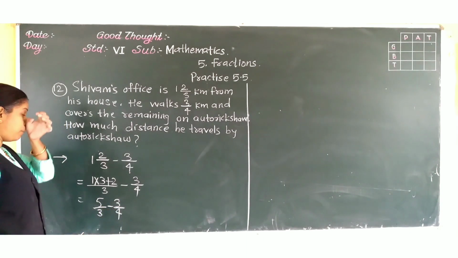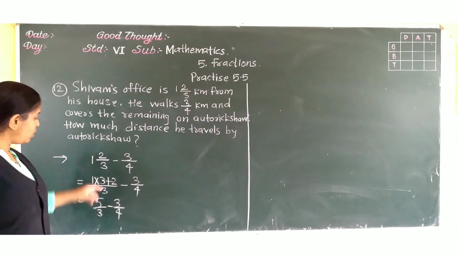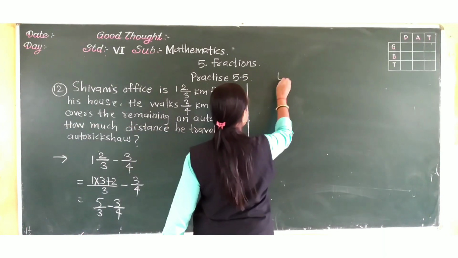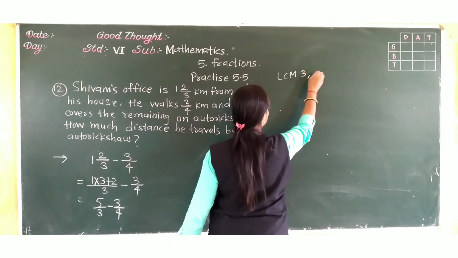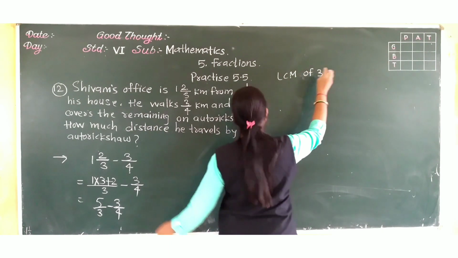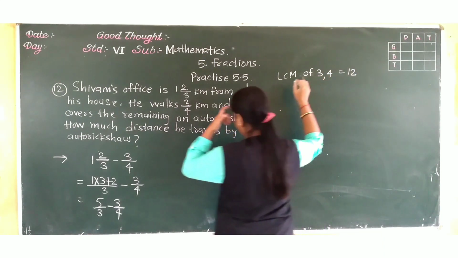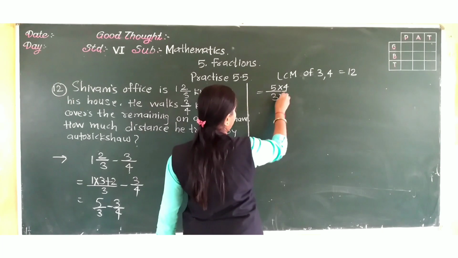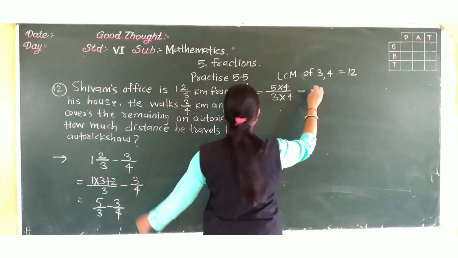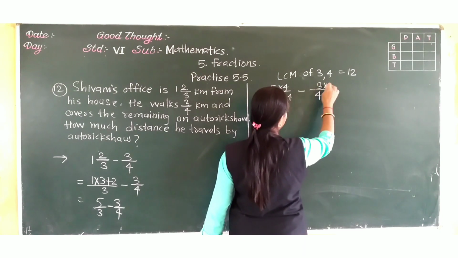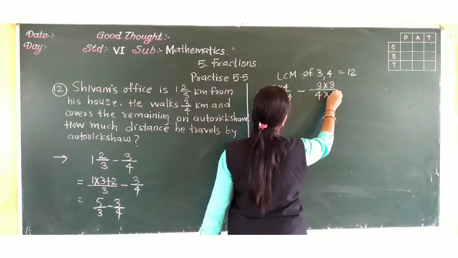Now see, both are unlike fractions, so we will take LCM. What is the LCM of 3 and 4? It is 12. So multiply the first fraction by 4, minus, multiply the second fraction by 3.